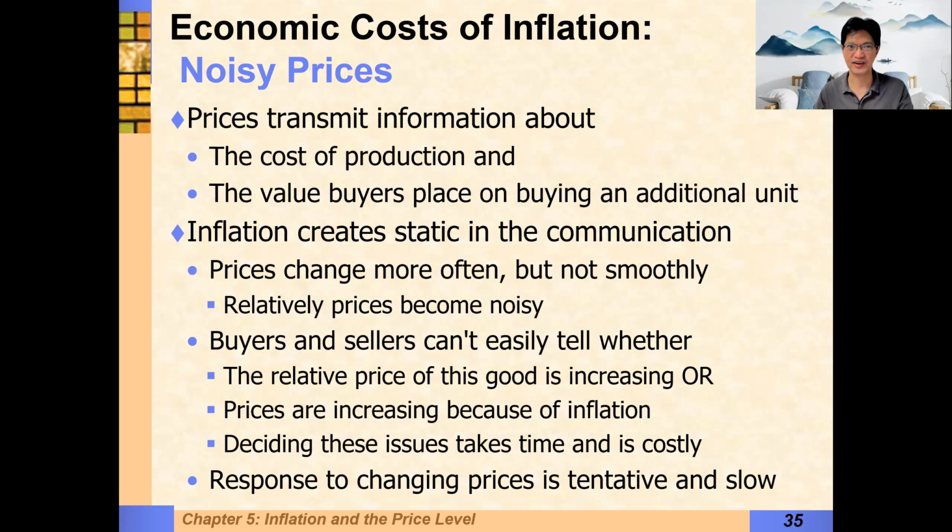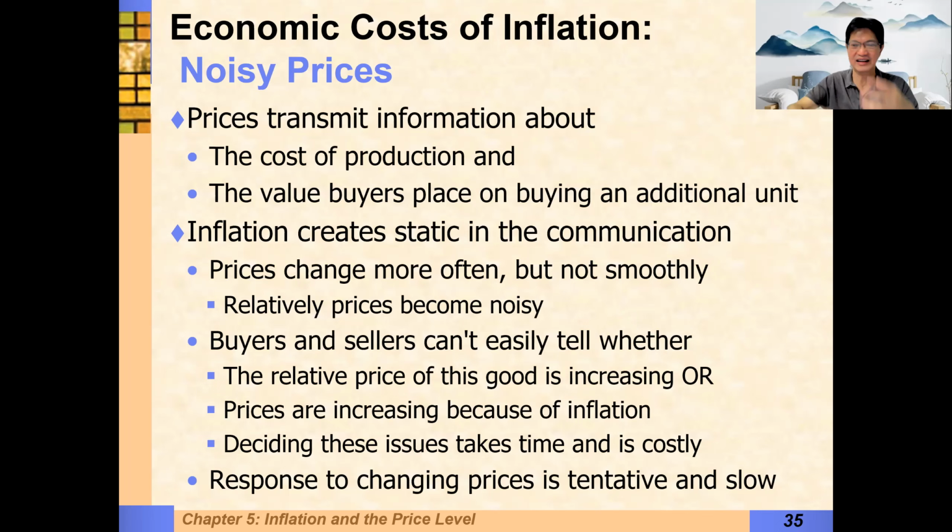Let's go through them. Firstly, inflation is not even throughout the whole economy. Some prices rise faster, some slower, some prices rise first, and then other prices rise. The price of this good might rise in January, and then the prices of these goods rise in March.